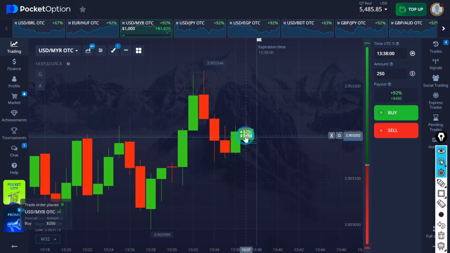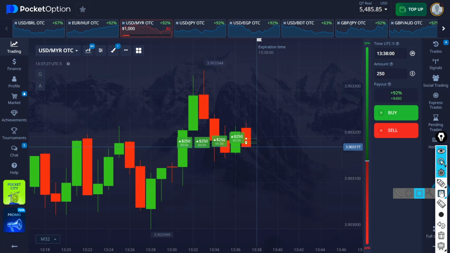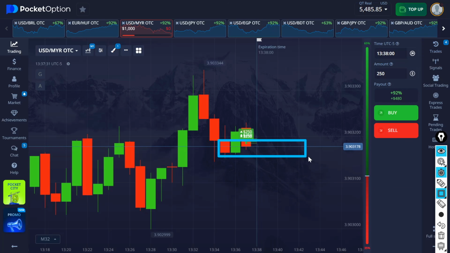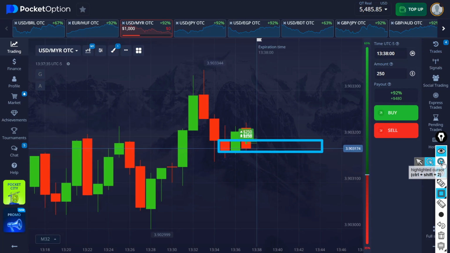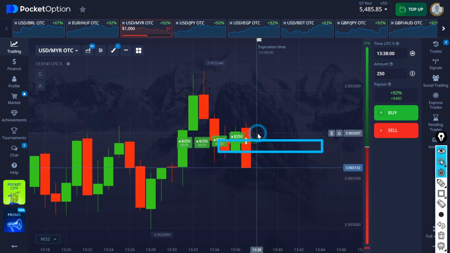All right, I think I shouldn't have taken so many trades on this one, because if you pay attention here, the demand area is very weak. Okay, it's not super strong, and yeah, I think I shouldn't have taken so many trades on this, guys.